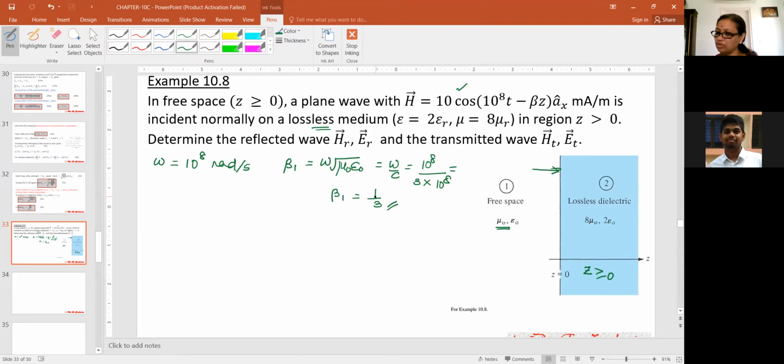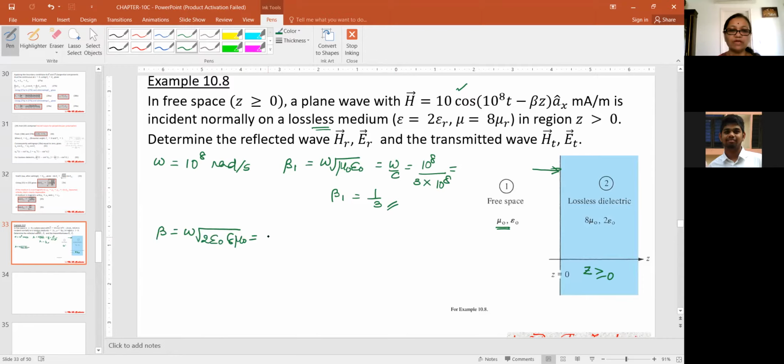Then once you've got beta 1, let us get beta 2. By the same logic, it is omega into under root of 2 epsilon naught times 8 mu naught.